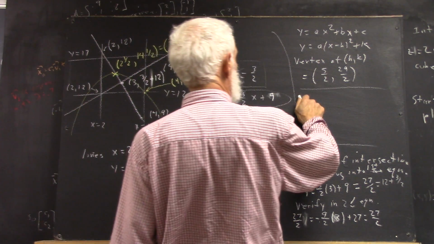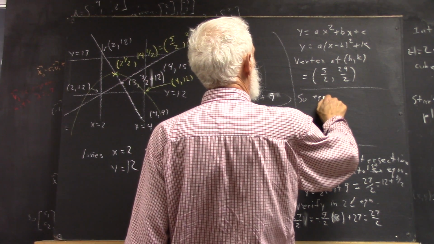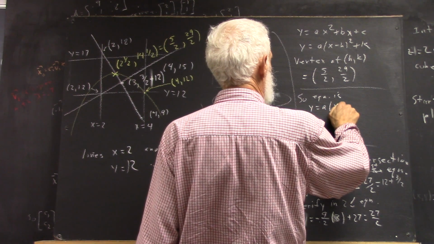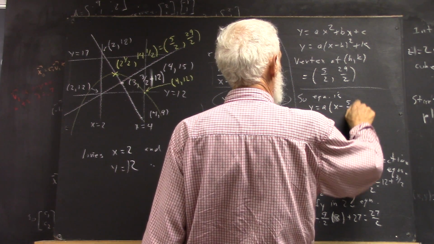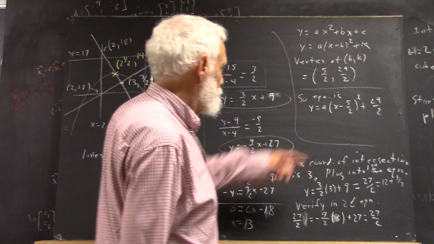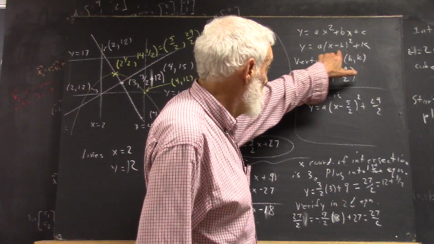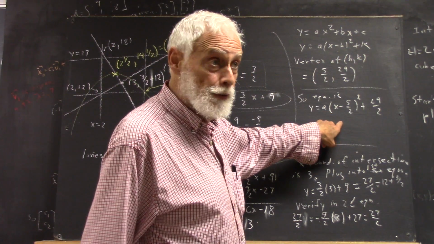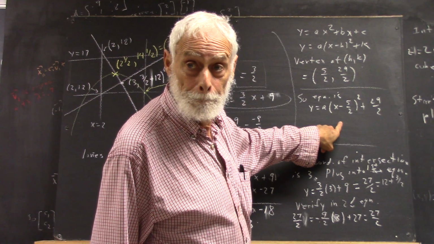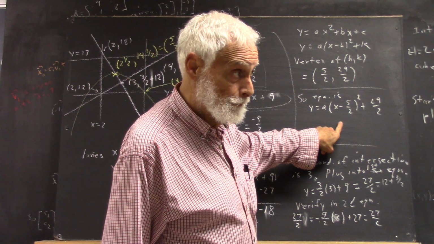So now, here's your vertex, that's h and k, so you put that in and you see that here's the equation of that parabola, right? Make sense?